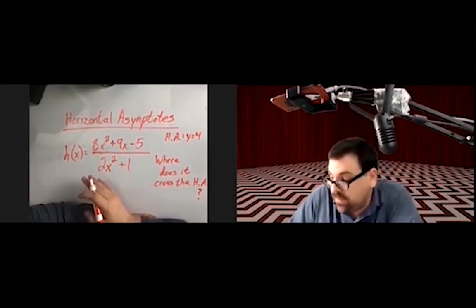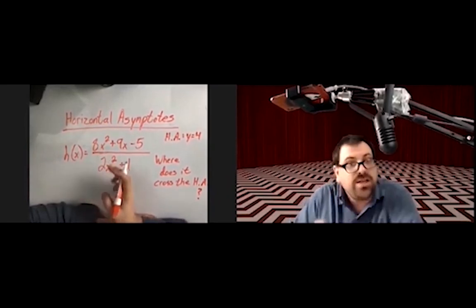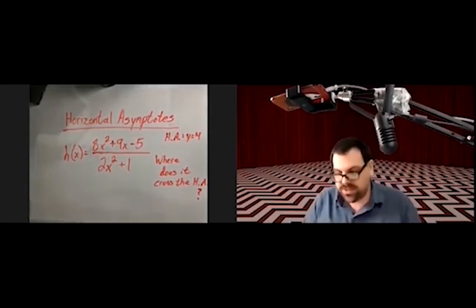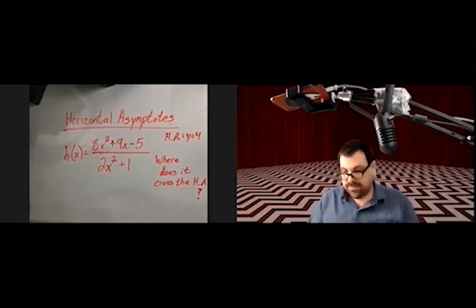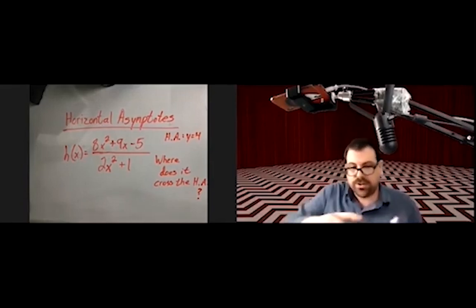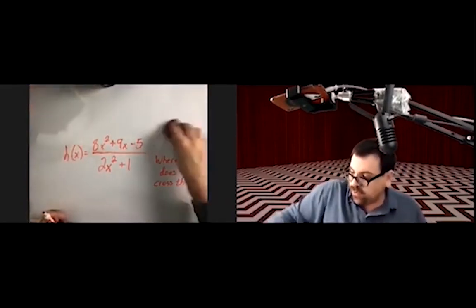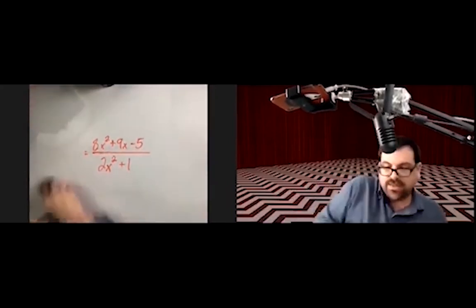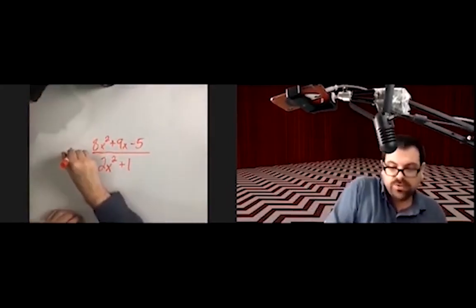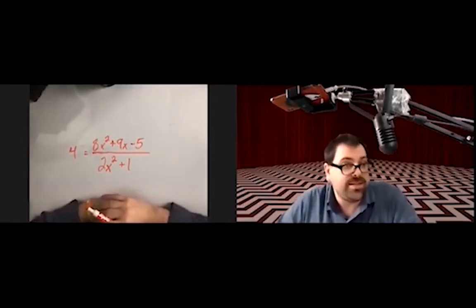And what we're going to do is set the function equal to our horizontal asymptote and then solve for x. So where do we cross the horizontal asymptote of 4 here? We would set the whole thing equal to 4 and solve.